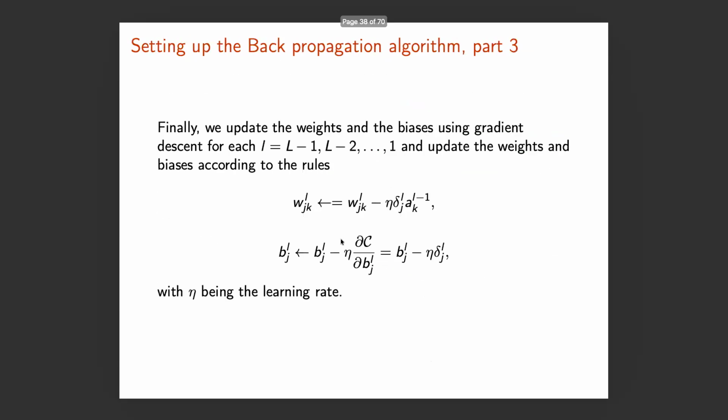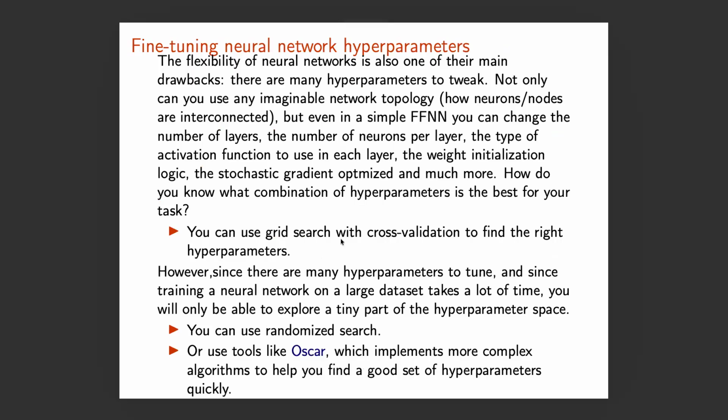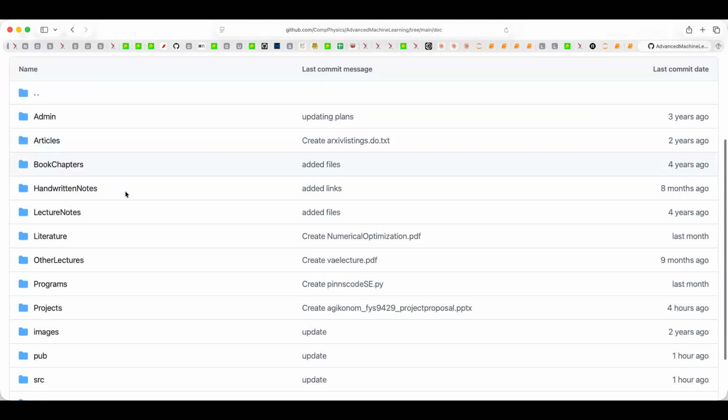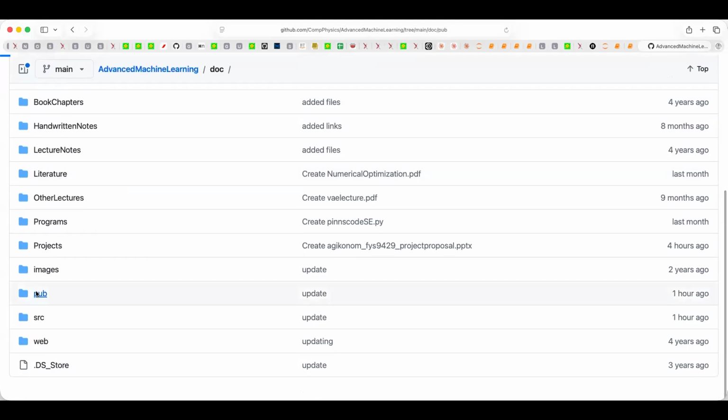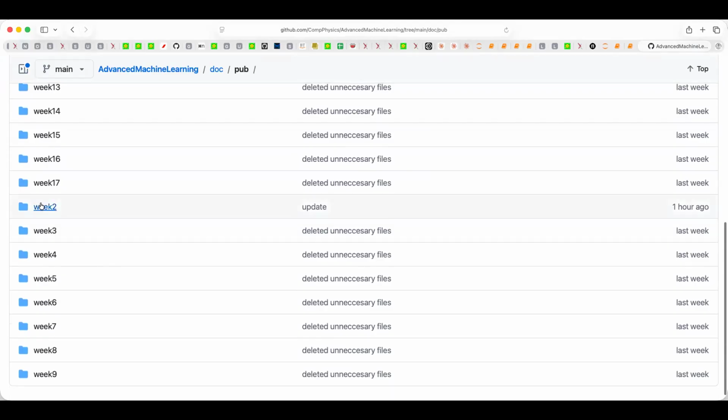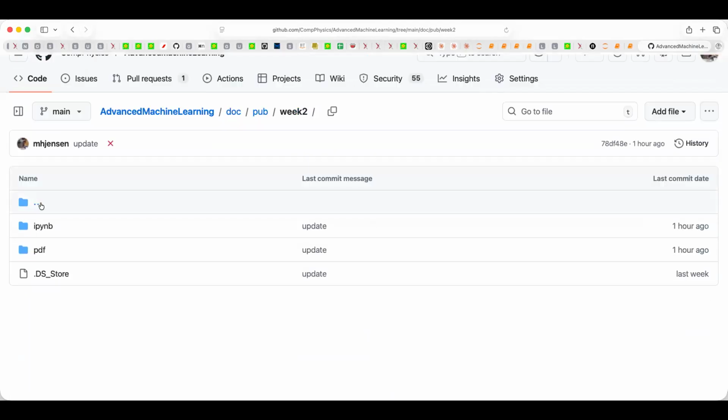Okay, so I just wanted to say some things, and I'm going to switch now to the Jupyter Notebook. I also wanted to say something about the material which you may find of interest if you want to use physics-informed neural networks. We will discuss this next week as well.